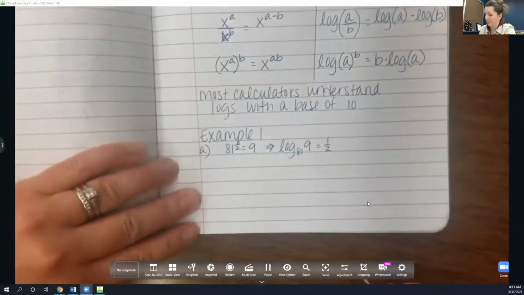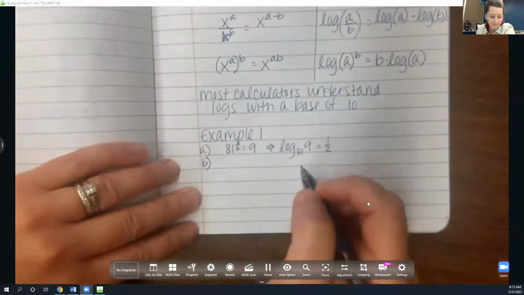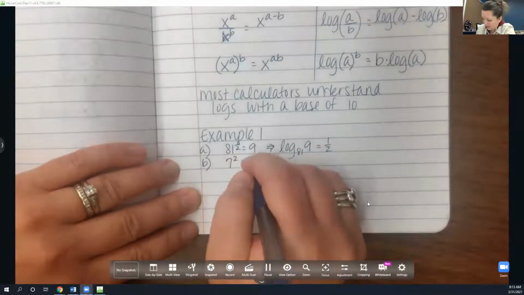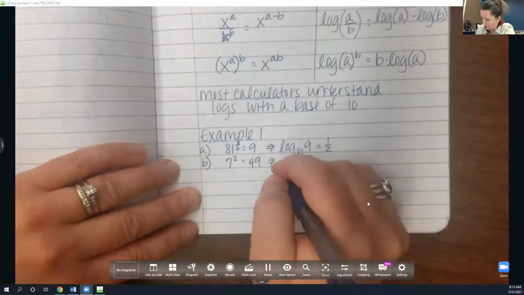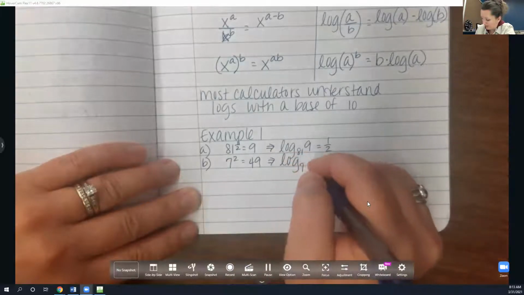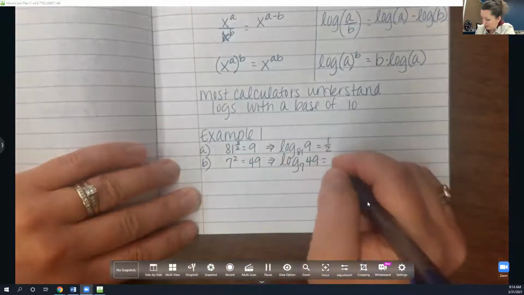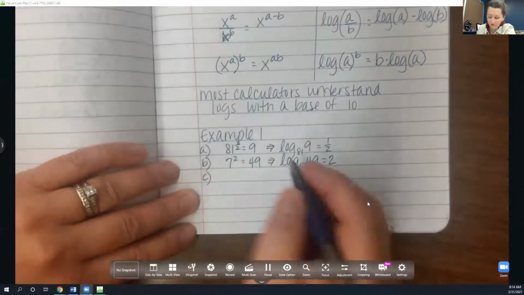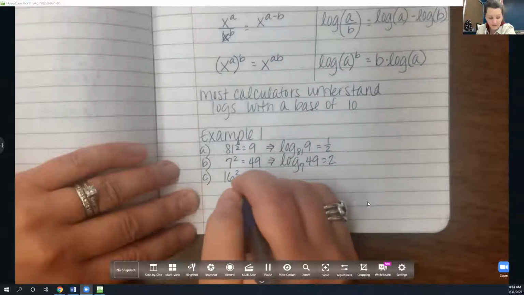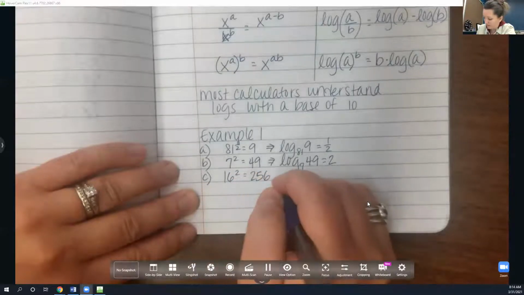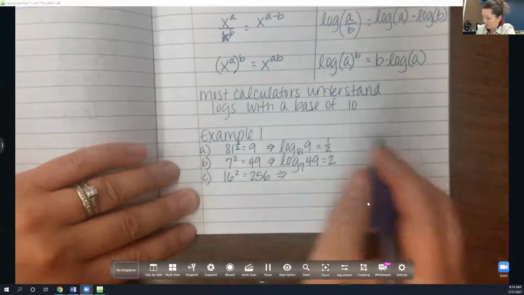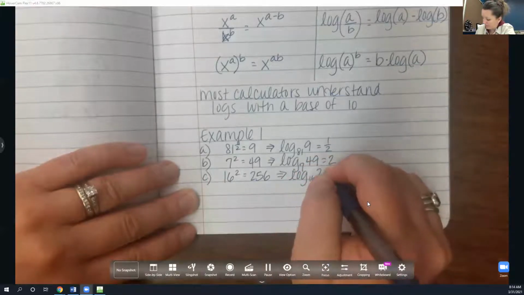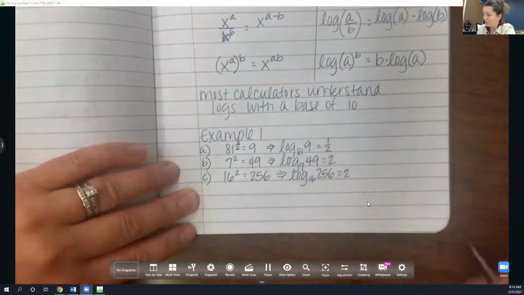Okay, that's our rewritten form. Here's B. 7 to the 2nd power equals 49. Here's our rewritten form. Log base 7 of 49 equals 2. Here's our last one. 16 raised to the 2nd power equals 256. Rewritten as log base 16 of 256 equals 2.